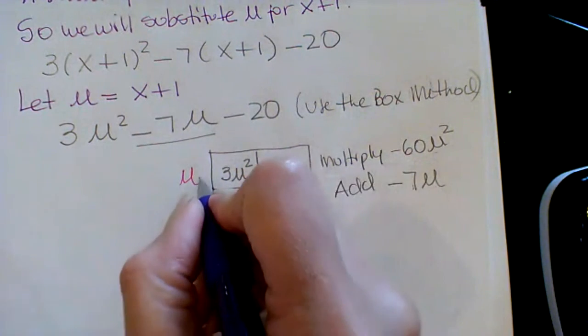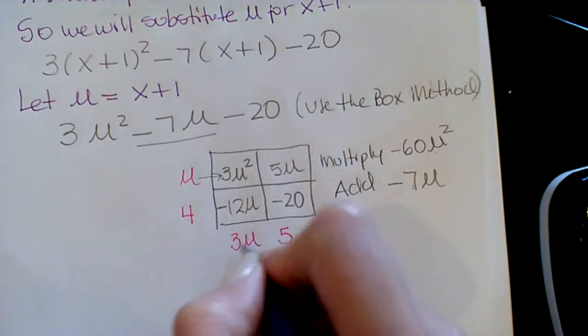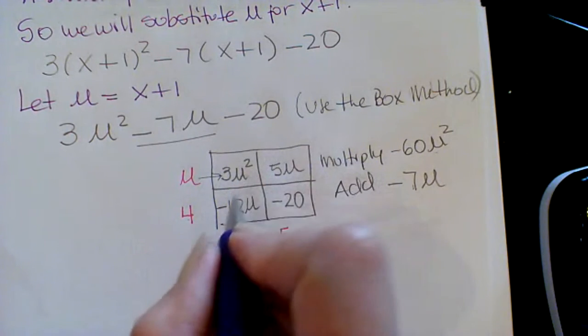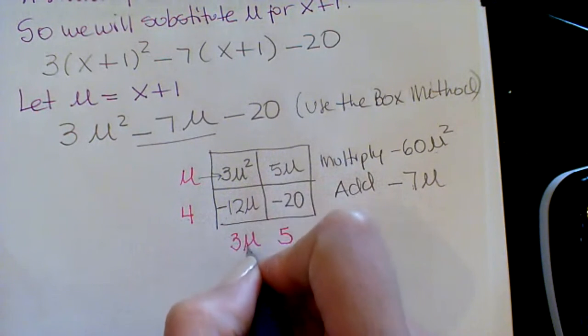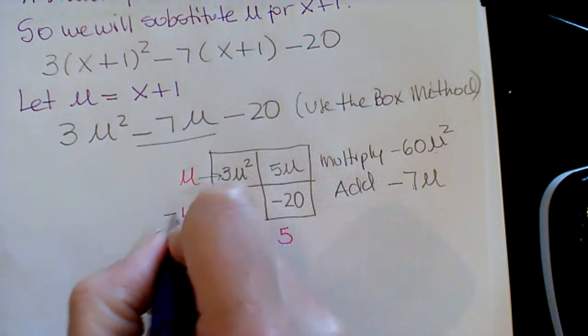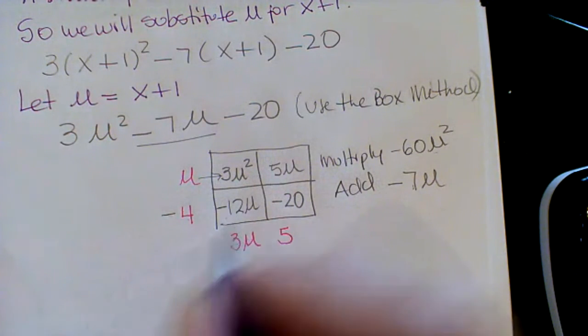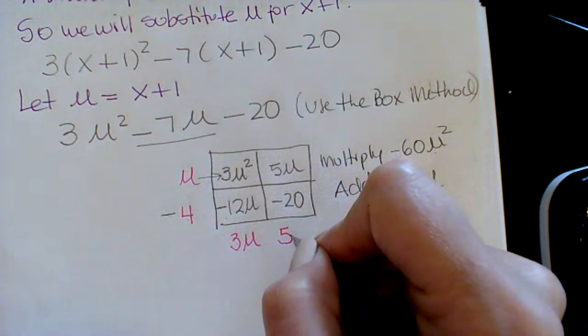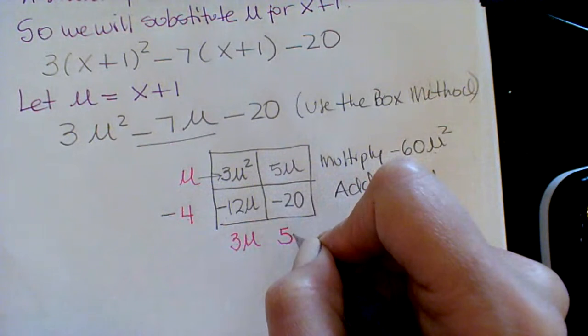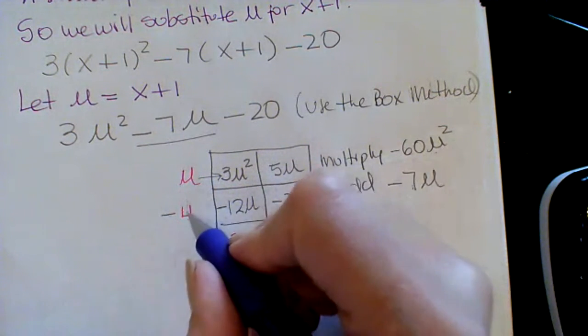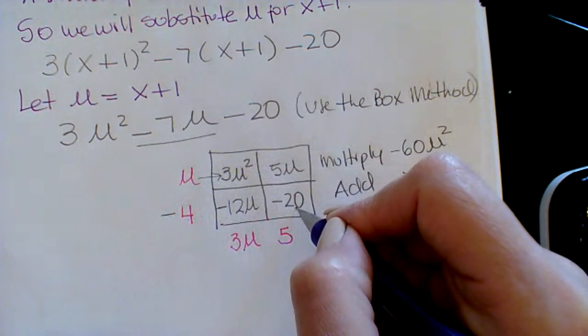Now, if I multiply this u times 3u, I get 3u squared. If I multiply the 4 times 3u, this is going to have to be negative. Now, the 5, if I multiply 5 times negative 4, I get negative 20.